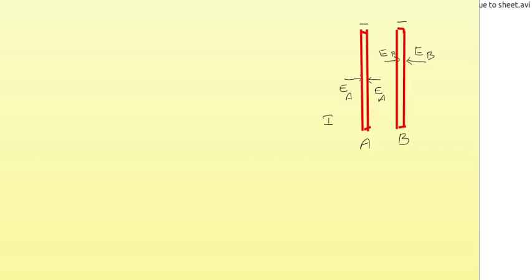So as previously we are defining three regions, region 1, 2 and 3, and the electric field in the three regions will be different because the direction of these electric fields are different in the three regions.